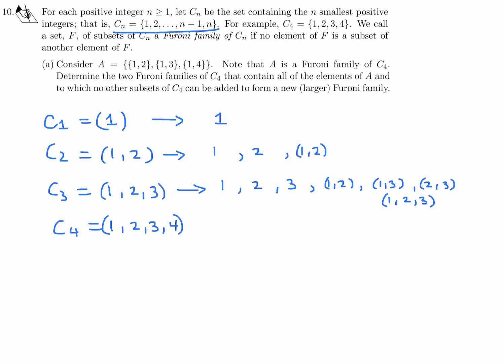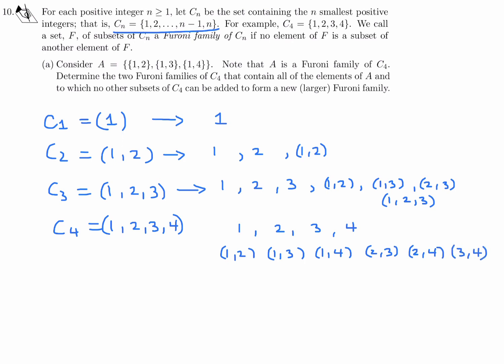Now we get to this one, and look, this one has a few more, right? Individually, you'll have {1}, {2}, {3}, and {4}. If you look at two of them, you have {1, 2}, {1, 3}, {1, 4}. You'd have {2, 3}, {2, 4}, and then of course you'd have {3, 4}.